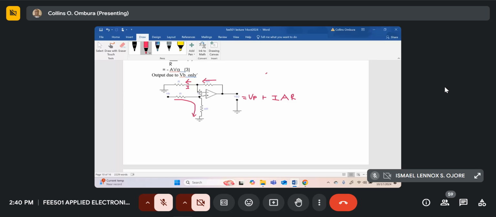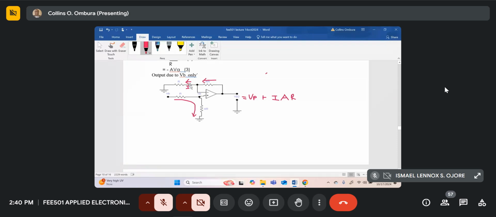So this signal VP at the non-inverting input will be reflected with the same signal over here, the same signal in the inverting input. And this signal will drive a current I to the ground through this R at the input.